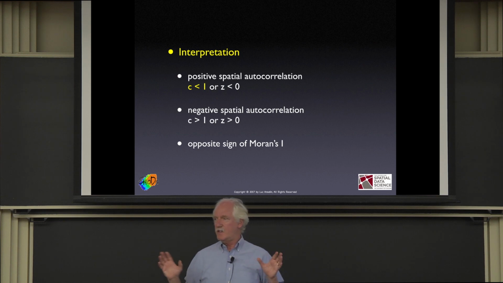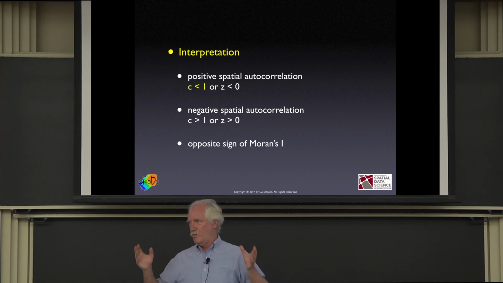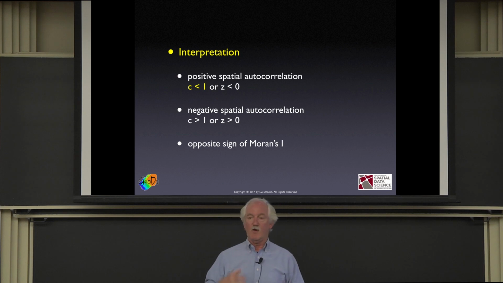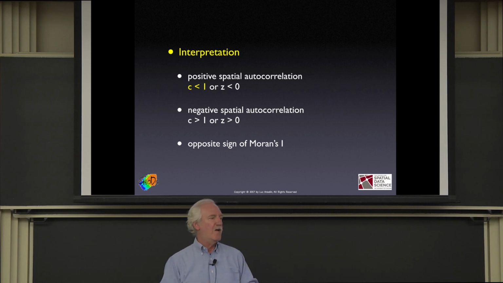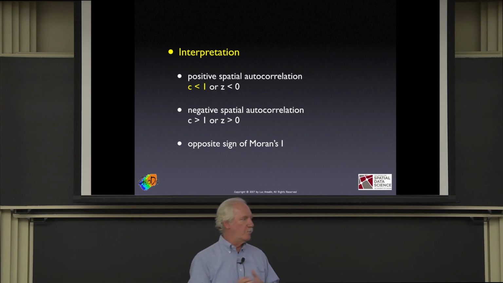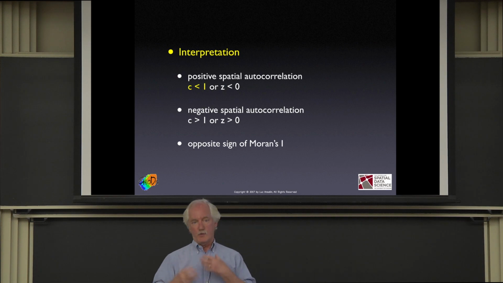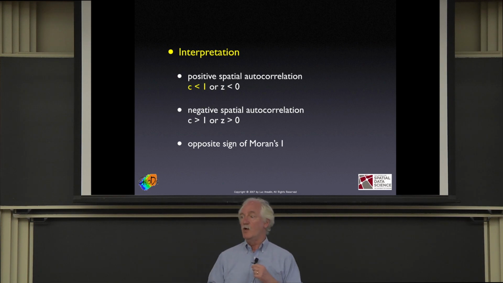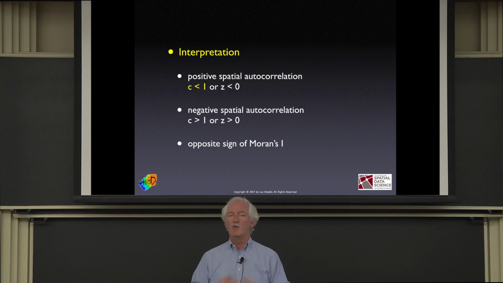So the mean of Geary C, and this is one of these other weird things, is not 0, it's 1. If you have smaller than 1, below the mean, or you use the standardized form, the z value, that is negative, that points to positive spatial autocorrelation. And the reverse, of course, points to negative spatial autocorrelation.